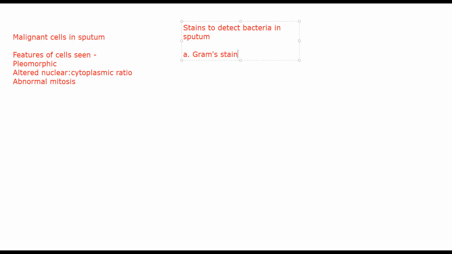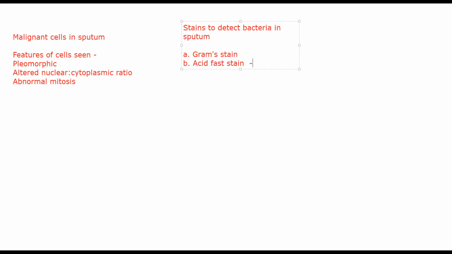This will help you differentiate between gram positive and gram negative bacteria. Some bacteria do not conform with this, so you have to use an acid fast stain. Acid fast stain is your Ziehl-Neelsen stain. It is used for identifying TB, or for identifying Nocardia or actinomycetes.